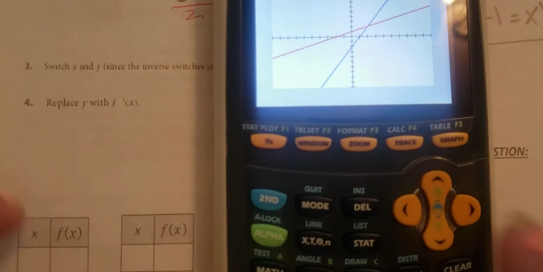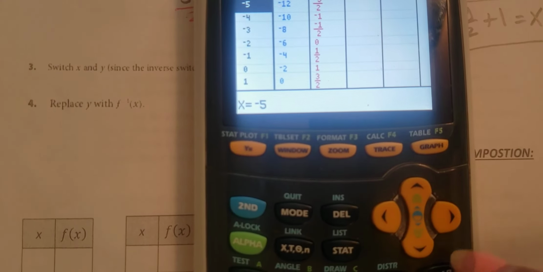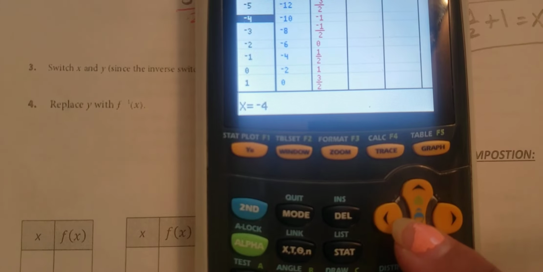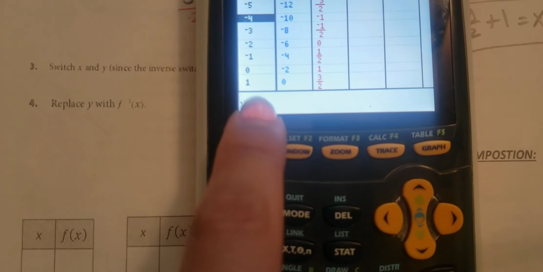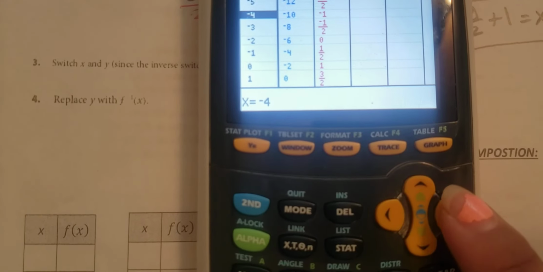Well, look, you can go to the table, second and graph, and then look at your points. All the x's are the same x's in both, but look at your y's.